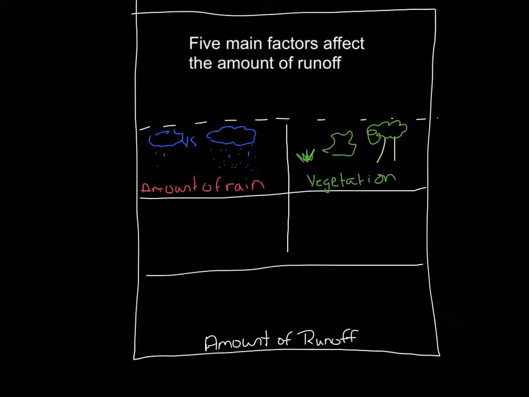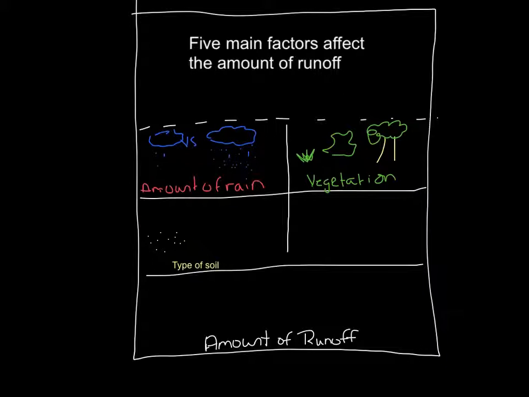So then we can also have the type of soil, because not all soil allows runoff. Some soil just soaks up the water like sand. So I'm going to type this because my writing is hard to read. So if I have sand, then the water is not going to run off really well.